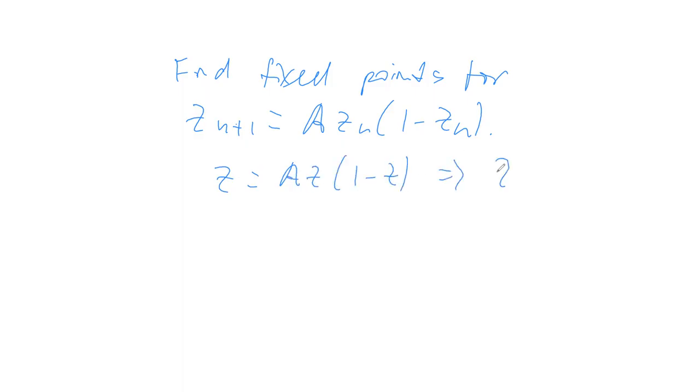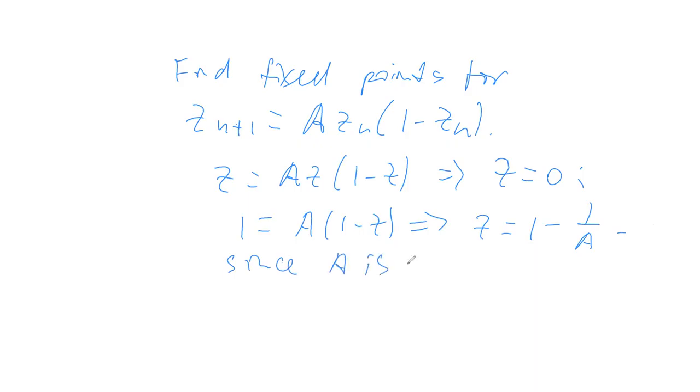So again, z equals 0 is one solution, and the second solution is 1 equals a times 1 minus z. Now the problem here is that we have this z, which is 1 minus 1 over a, but this is a complex number. Since a is complex, z is also complex.